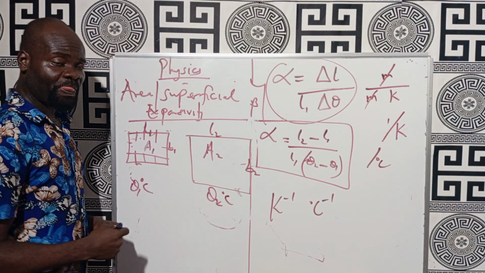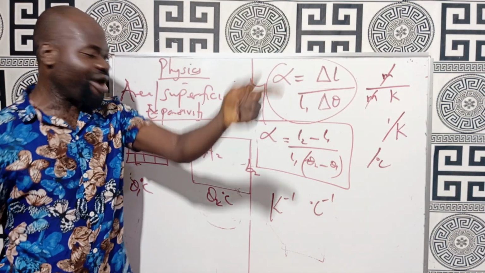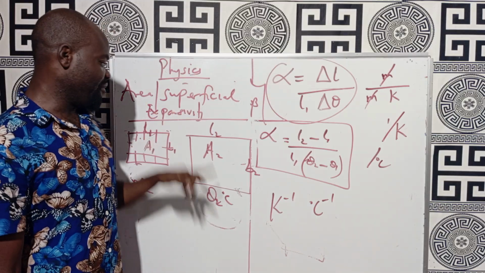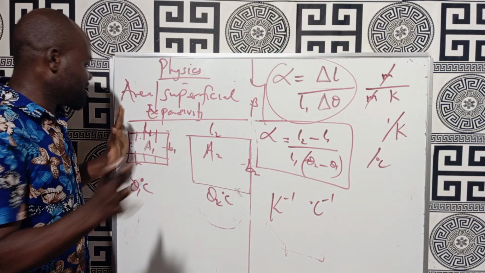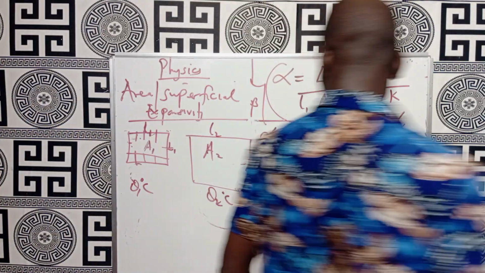So for linear we use L, and for area we use A. That gives us the formula for area or superficial expansivity.